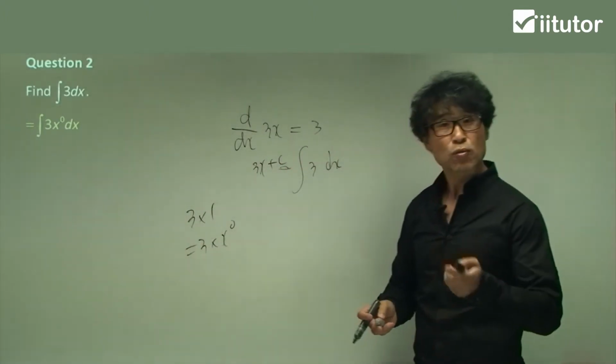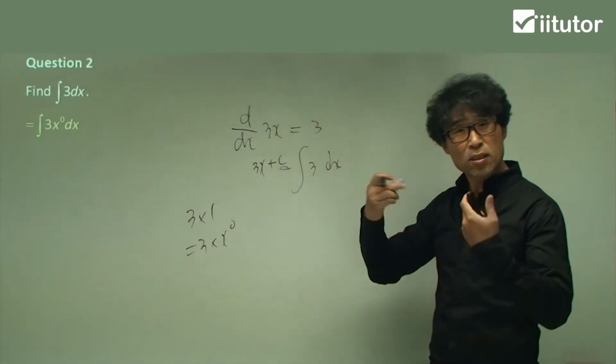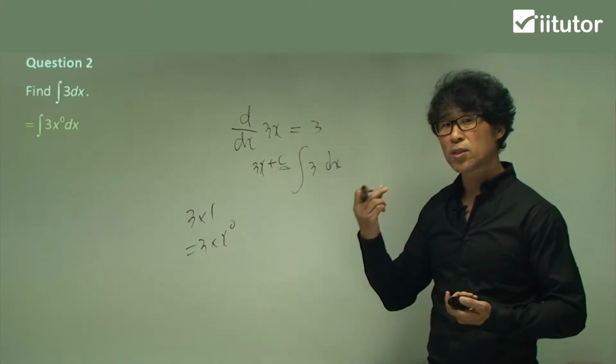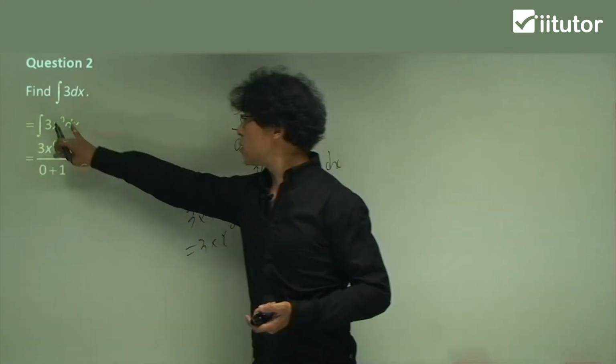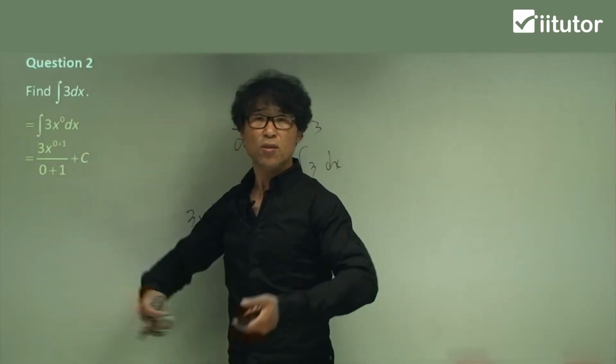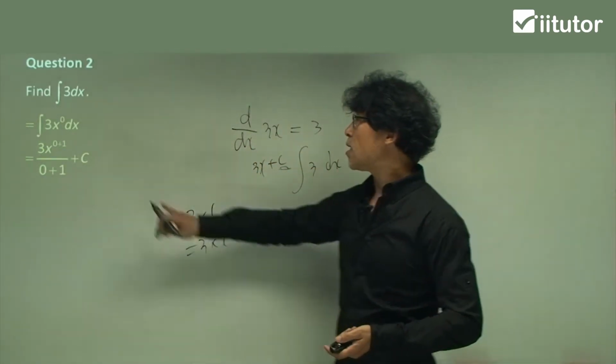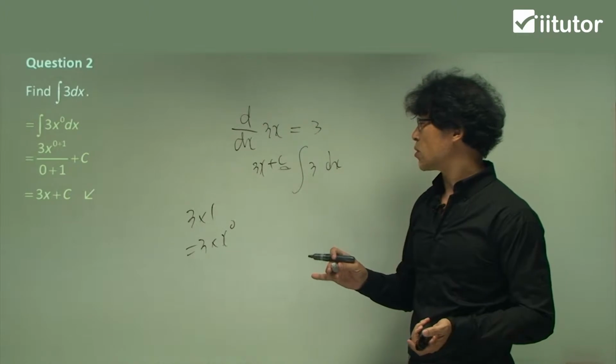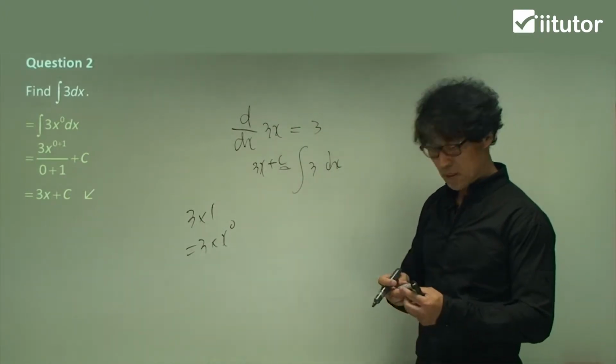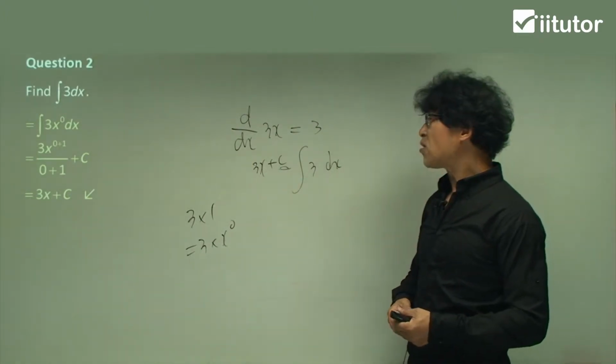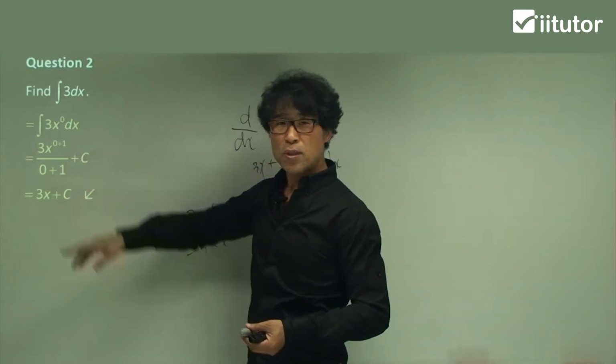Then we do plus 1 plus 1, following the basic integration rule. So 0 plus 1, 0 plus 1, and 3 is just a constant, so we leave it as it is, plus c, and we get the same result as this one. Does it make sense? Yeah, easy. So make sure you do not have to do this process all the time.